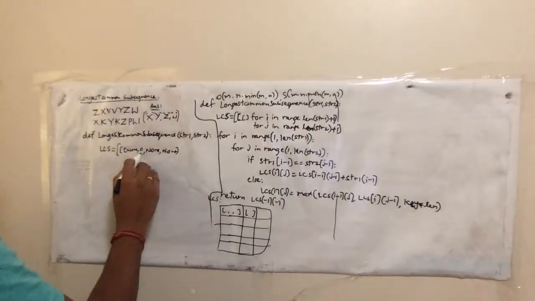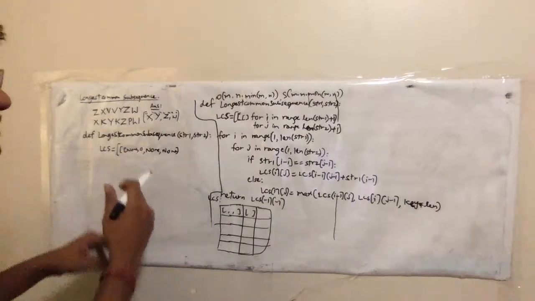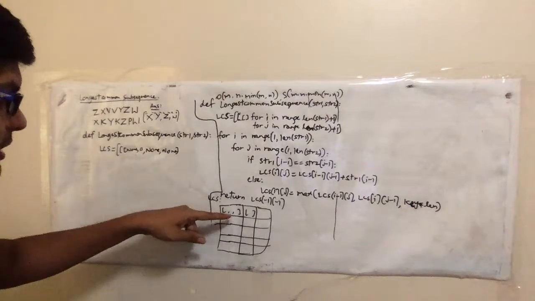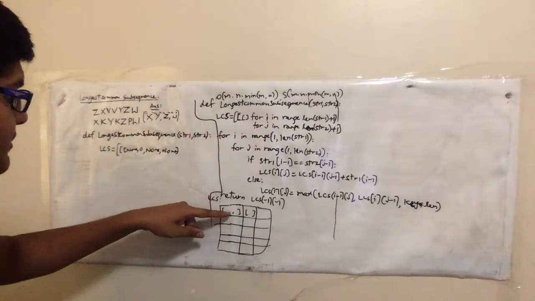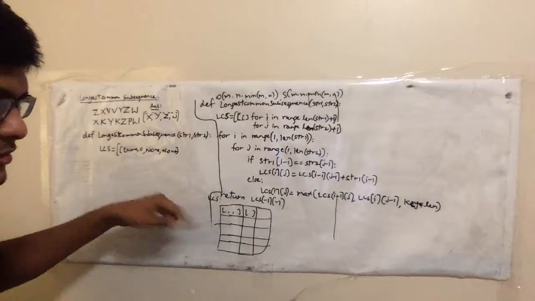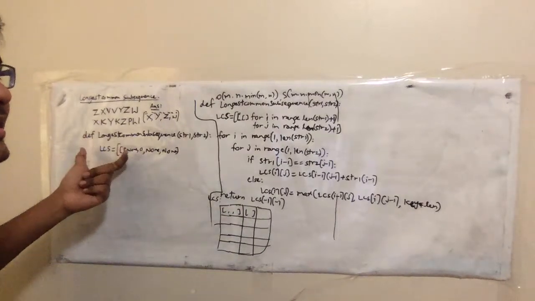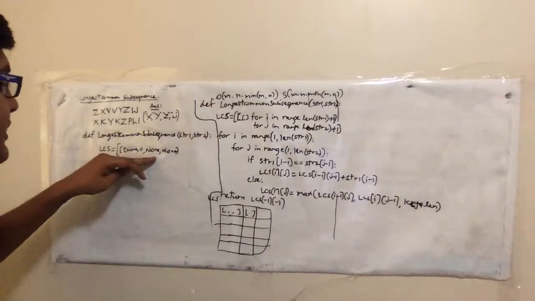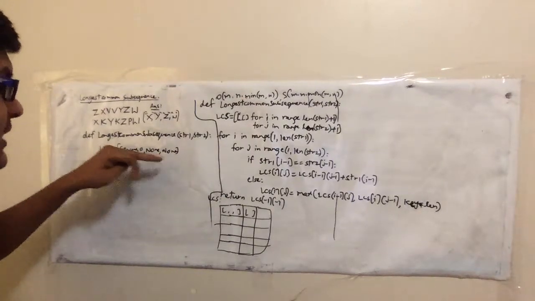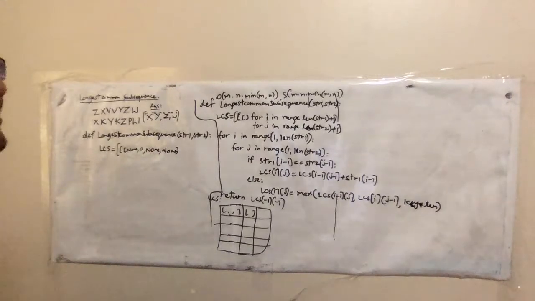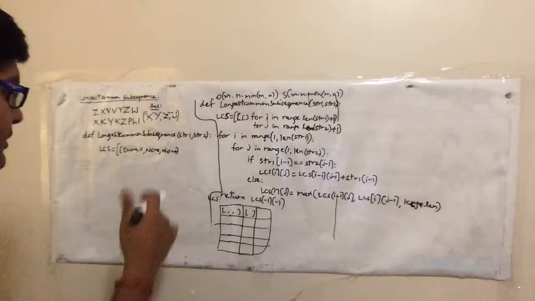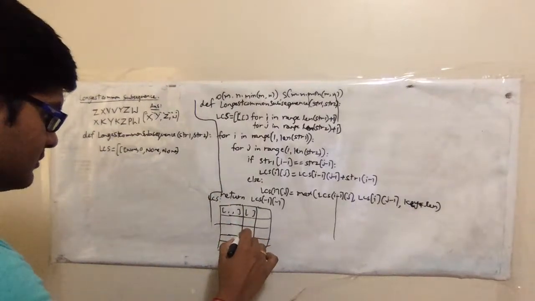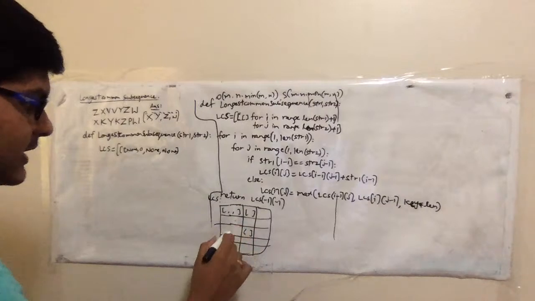The second element gives the length of the previous result. As we are starting initially with empty strings, we won't have anything appended already, so it would be of length 0, and these give the i and j, the previous indexes.